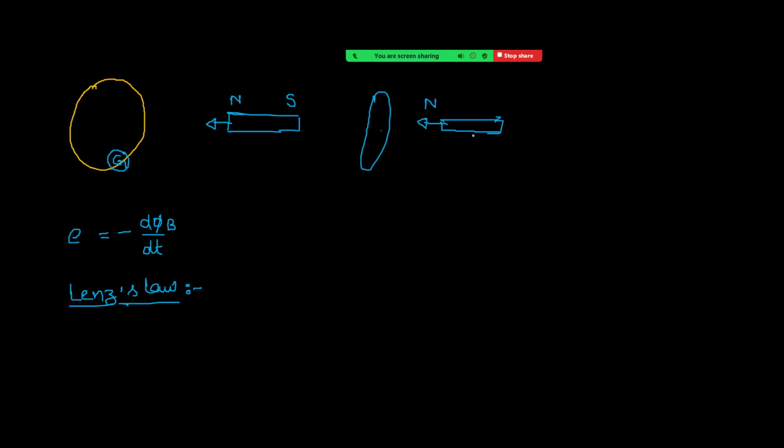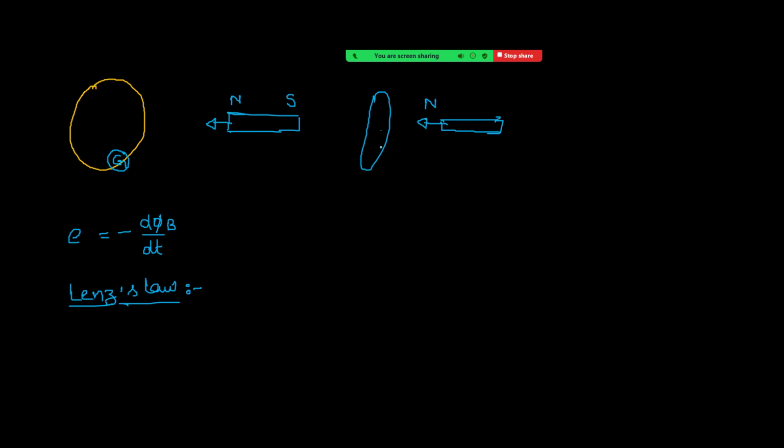And because of the work done, current flows in the coil. That means we are now getting electrical energy. So we are doing work in moving the magnet, and that work is reflected here in the form of electrical energy, meaning current is flowing.